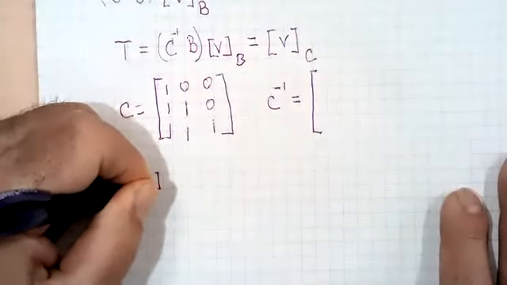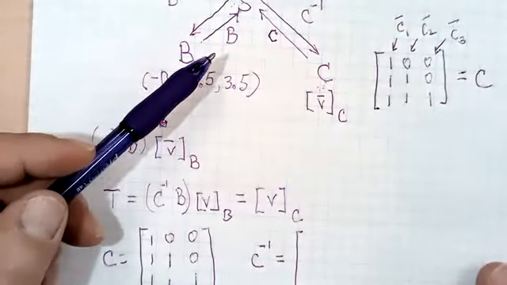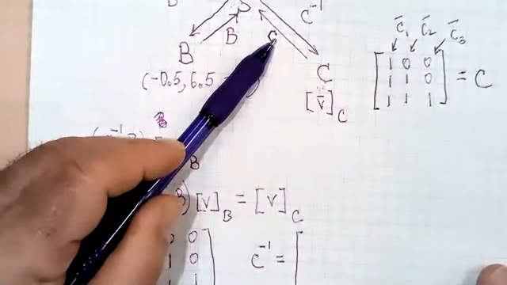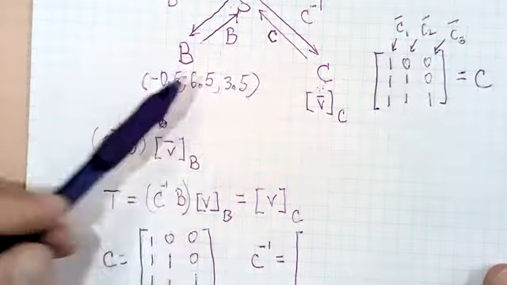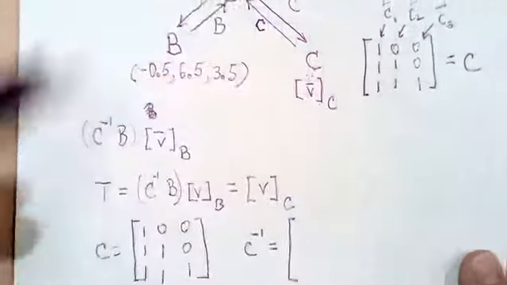Well, the answer would be this. First of all, let's figure out how to get back to the standard basis. Whoops, no. I know this one in the standard basis.